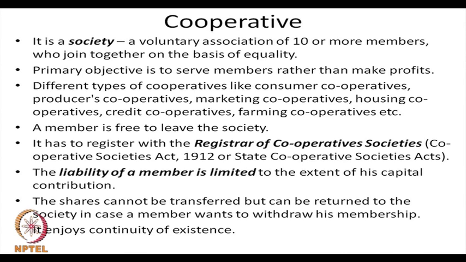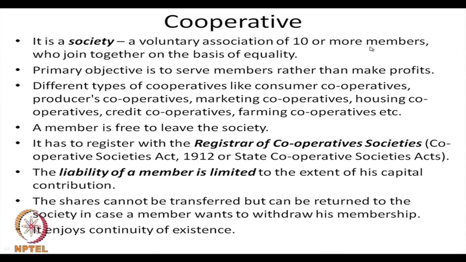Then we come to another form of business, and they are the cooperatives. A cooperative is basically a society, a voluntary association of 10 or more members. That means the minimum number of members has to be 10. There can be many more who join together on the basis of equality.